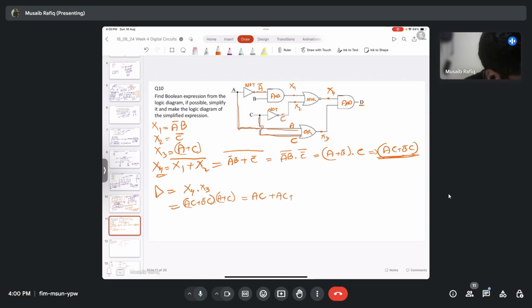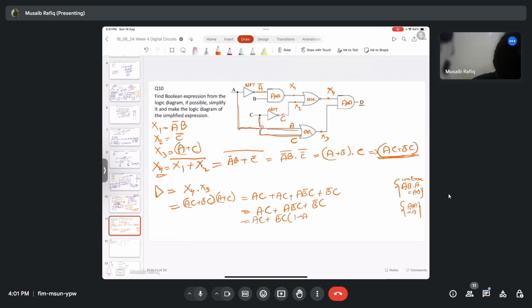Then B bar C and with A will be A B bar C. And finally I have B bar C dot C, which is simply B bar C. We know A dot A is equal to A. Now AC plus AC, A plus A is equal to A, so we have AC plus A B bar C plus B bar C. Let's just write AC here and take B bar C common, so it will be 1 plus A. What is 1 plus A? 1 plus A is 1. So it is AC plus B bar C.